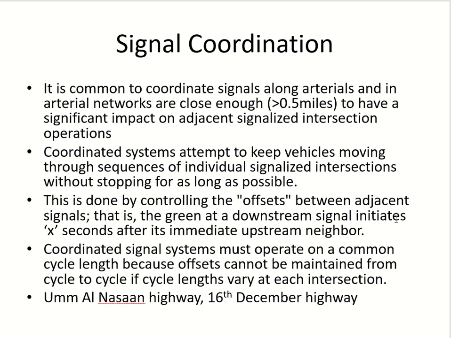So you will calculate this time. This time is called the offset. The time interval between the green of successive signals, we call the offset. And how do I calculate the offset? I should know the distance between the two signals and the speed. Got it? Okay.